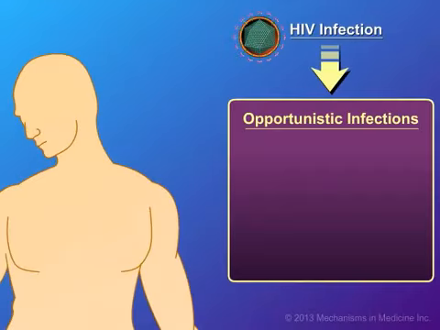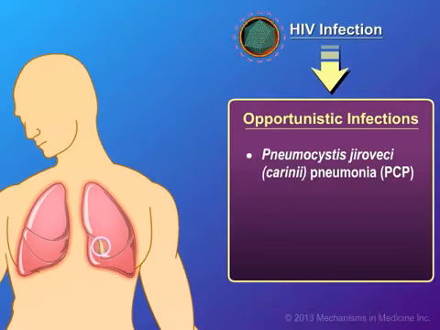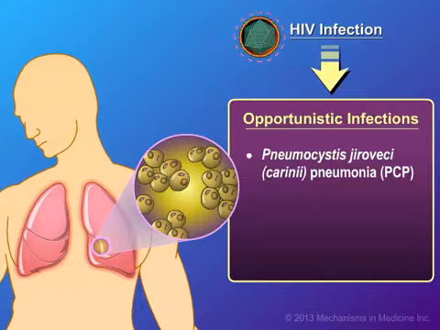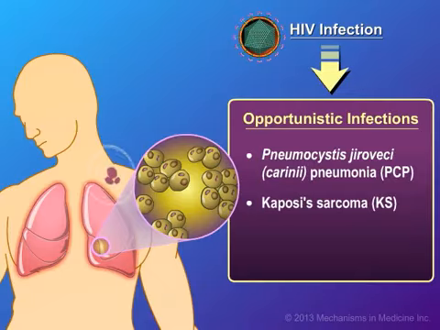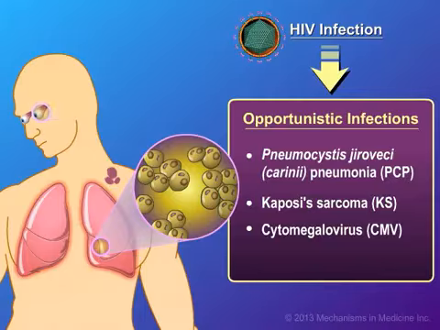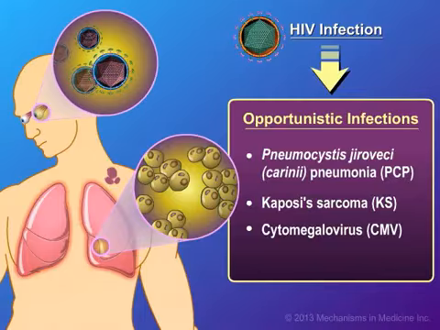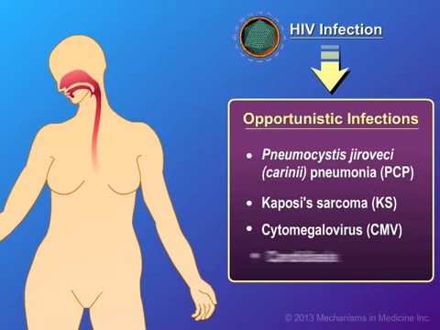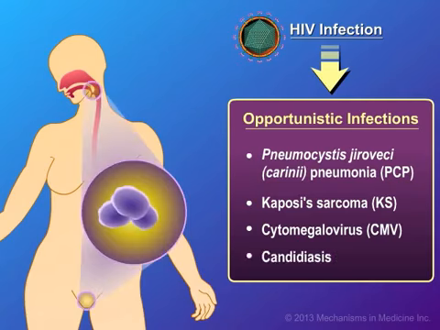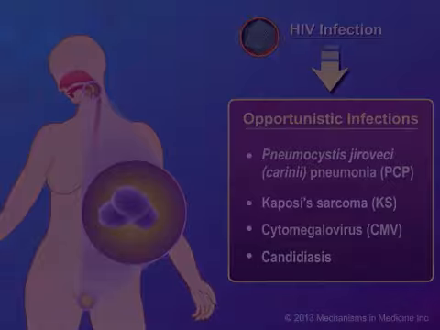The most common opportunistic infections are pneumocystis pneumonia, a lung infection, Kaposi's sarcoma, a skin cancer, cytomegalovirus, a viral infection that usually affects the eyes, and Candida, a fungal infection that can cause oral thrush, a white film in the mouth, or infections in the throat or vagina.